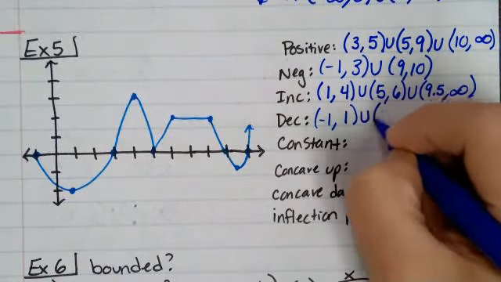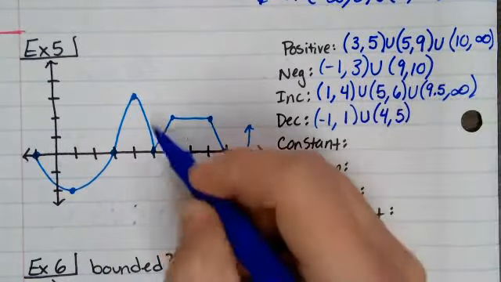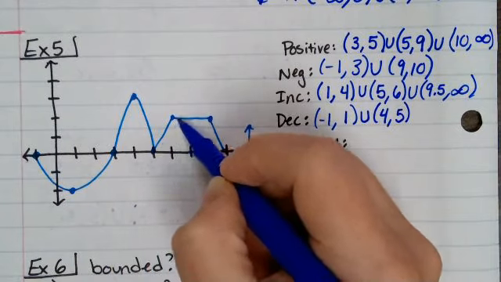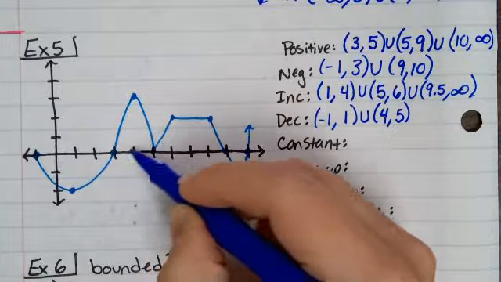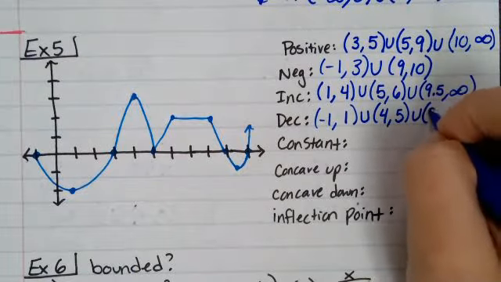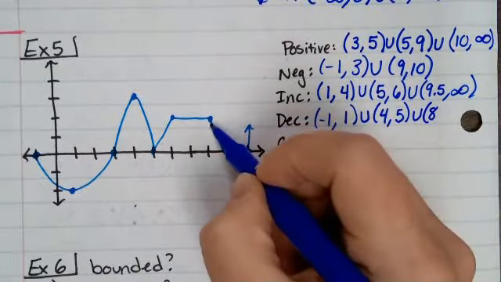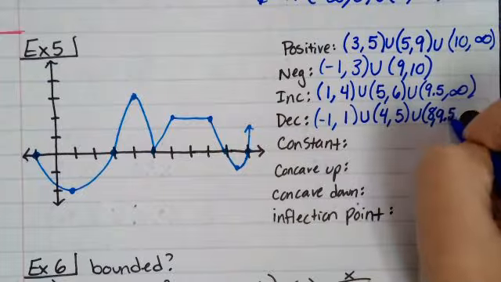So where it goes from 4 to 5, it decreases. Then it increases, stays constant, decreases. So here, this is at 1, 2, 3, 4, 5, 6, 7, 8. And it decreases from 8 until about 9.5 before it starts going back up again.